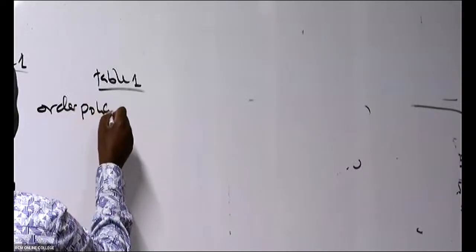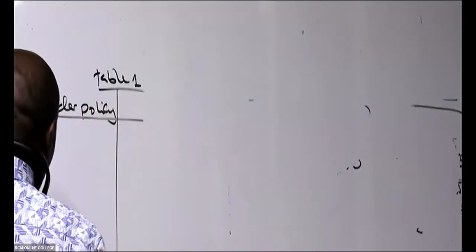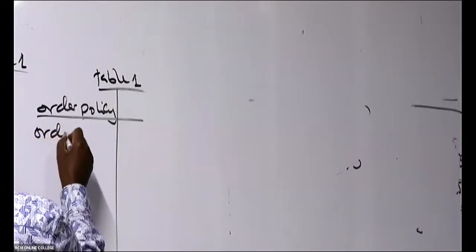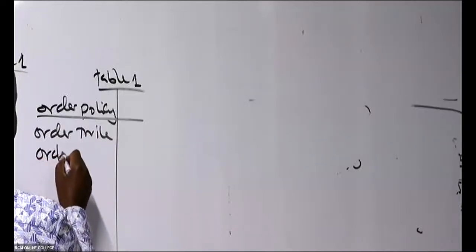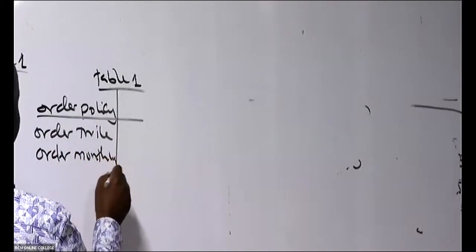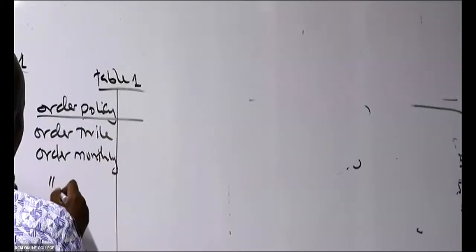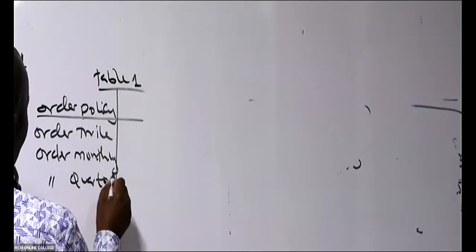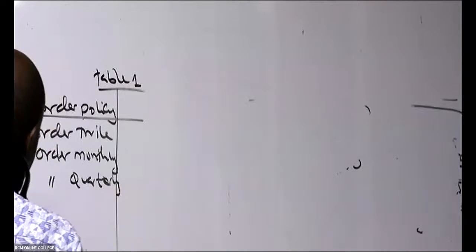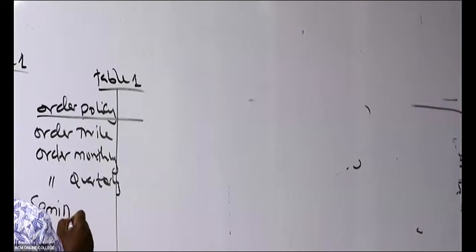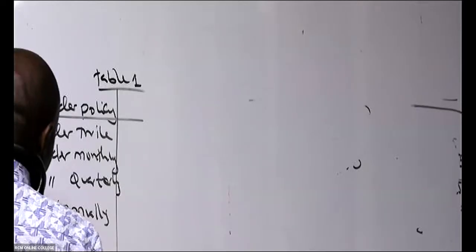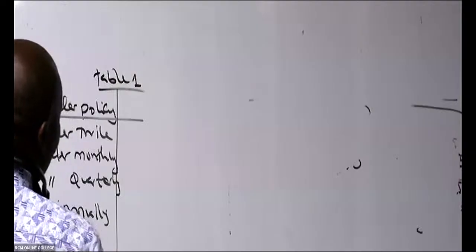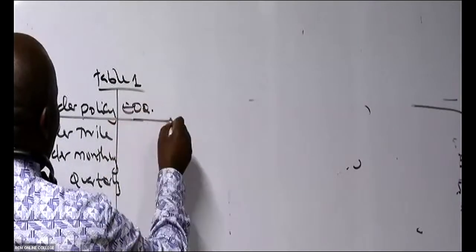So we have order twice, monthly, quarterly, semi-annually, then annually. So they've given us units of product X ordered. So that will be our EOQs.